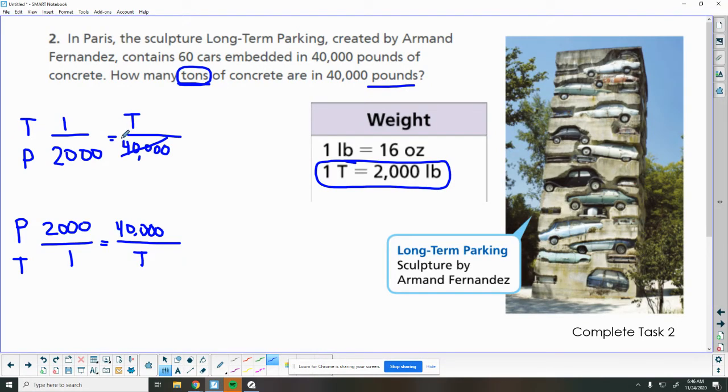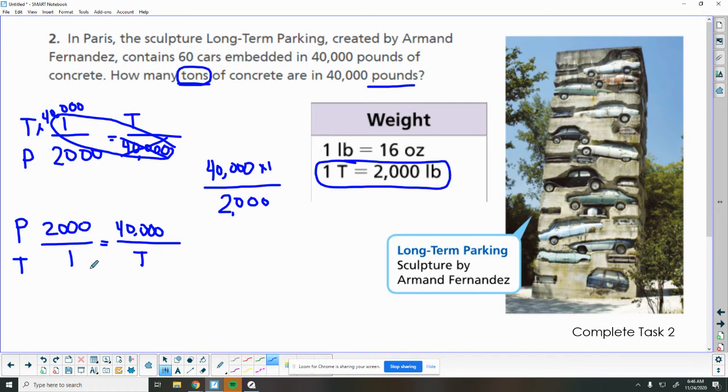And if I do that to both sides, so we're going to times by 40,000 over here, which makes my problem 40,000 times 1. So I would crisscross multiply here. And then we're going to divide by 2,000.